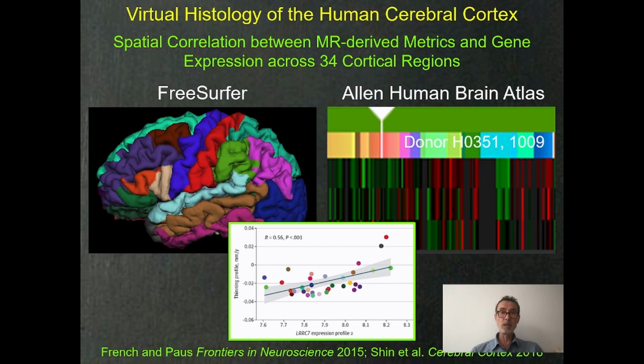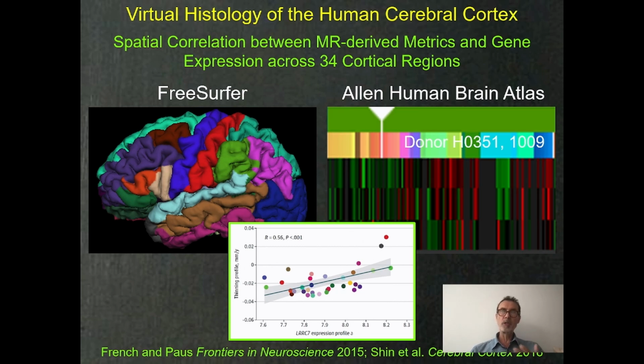And then the trick is to correlate those interregional profiles, for example, interregional profiles derived from MRI about cortical thickness or surface area, with interregional profiles in gene expression. That's an example of such a correlation. And then, of course, evaluating statistical significance of that correlation across multiple gene expression profiles.